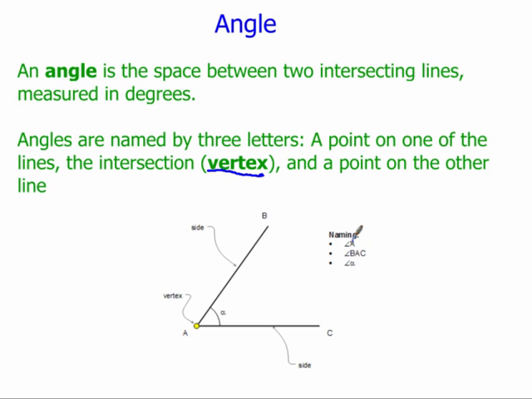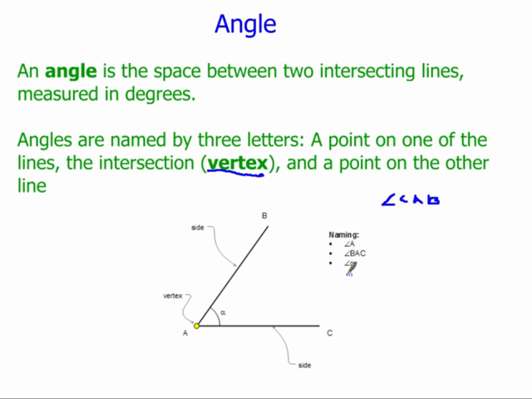It could also just be called angle A. You can just name an angle by its vertex. We could also do that backwards. It could also be angle CAB. Okay, it doesn't matter which of the two endpoints you put first. It only matters that the vertex is in the middle.